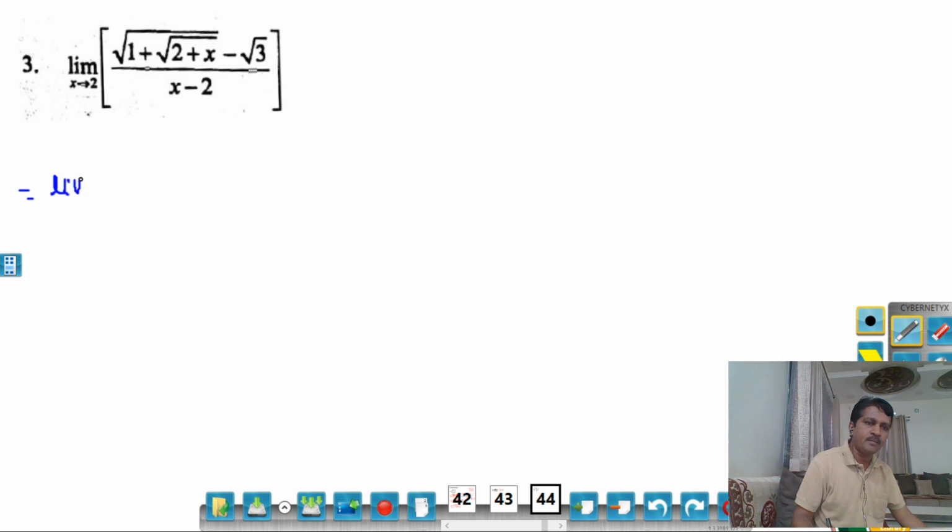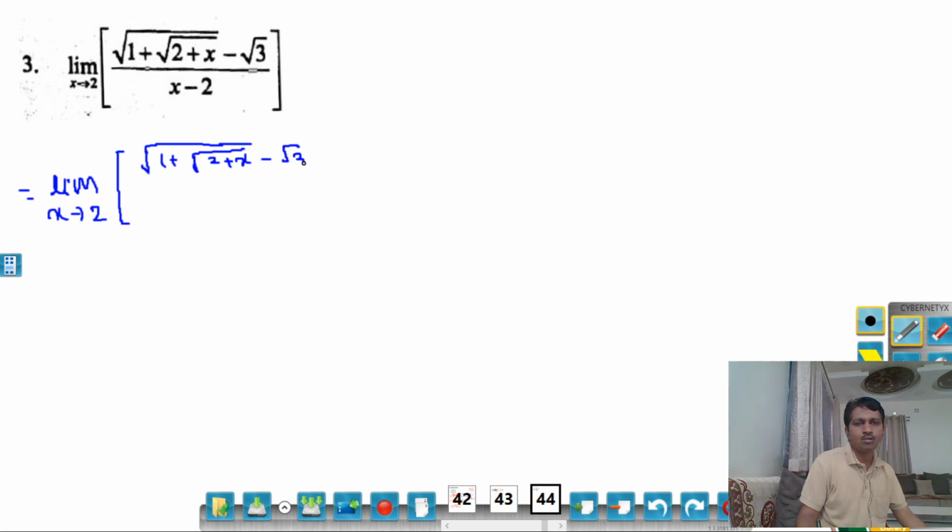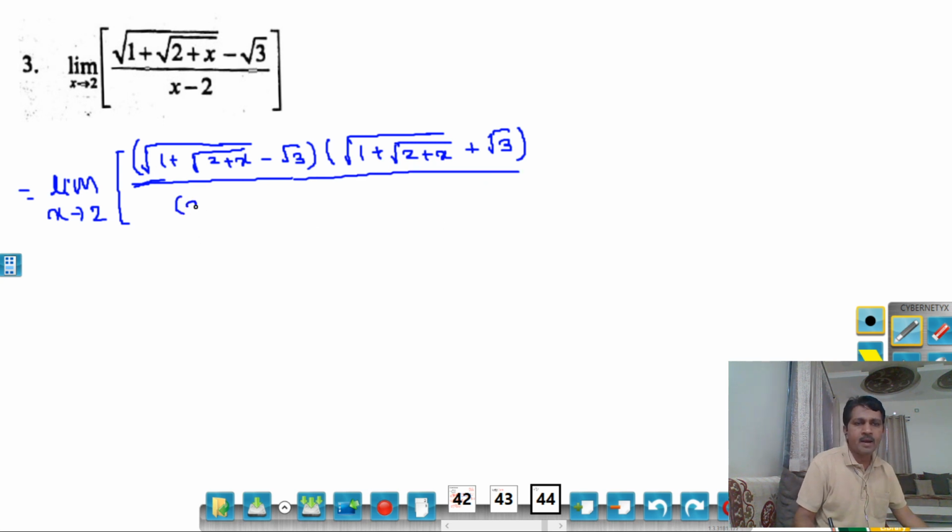See now, this is equals to limit x tends to 2 of square root of 1 plus square root 2 plus x minus root 3, into square root of 1 plus square root of 2 plus x plus root 3, complete divided by x minus 2 as it is into the conjugate: square root 1 plus again square root 2 plus x plus root 3.